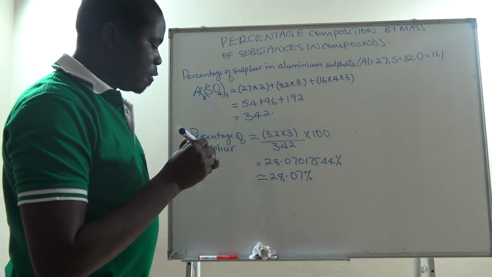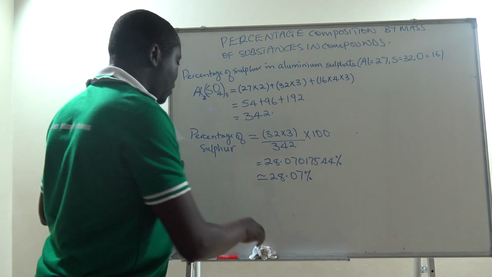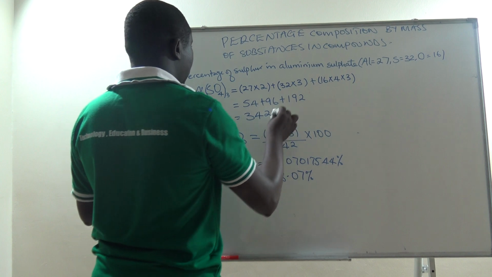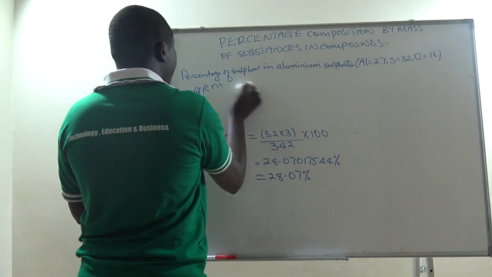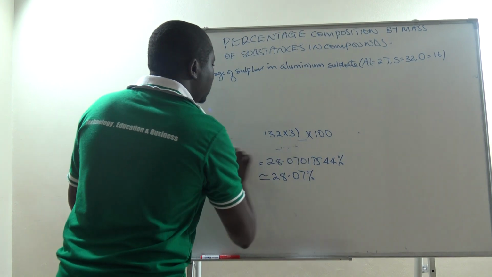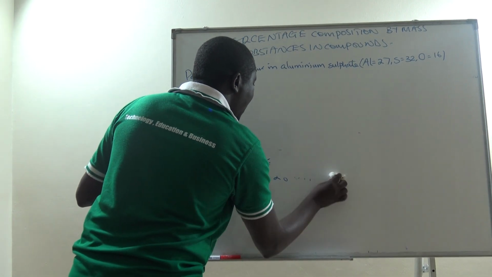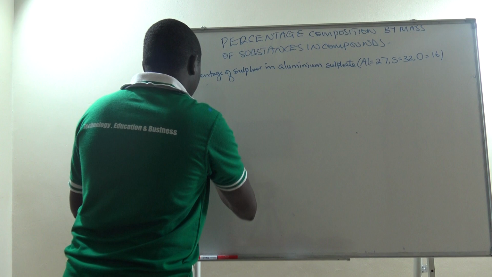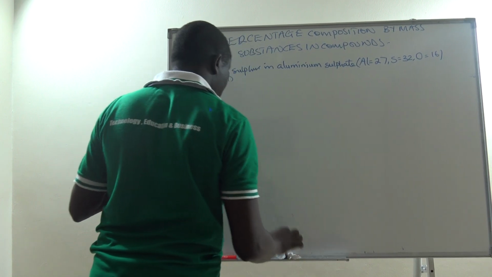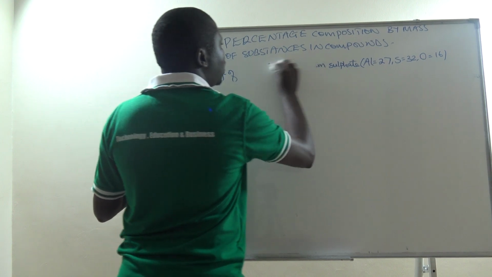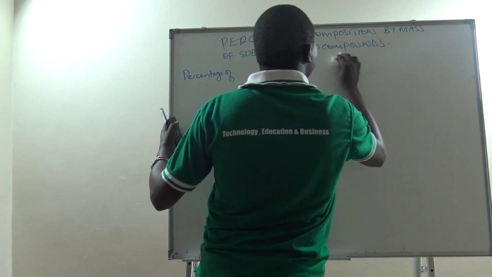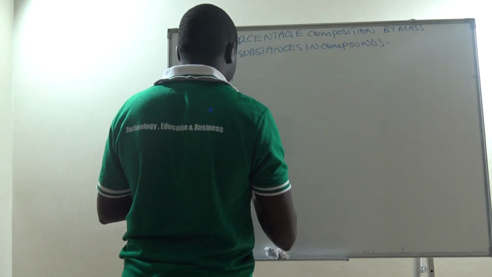Let us look at our final example on percentage composition. This time let us deal with a hydrated compound. So we are going to look at the percentage of water of crystallization in a hydrated compound.